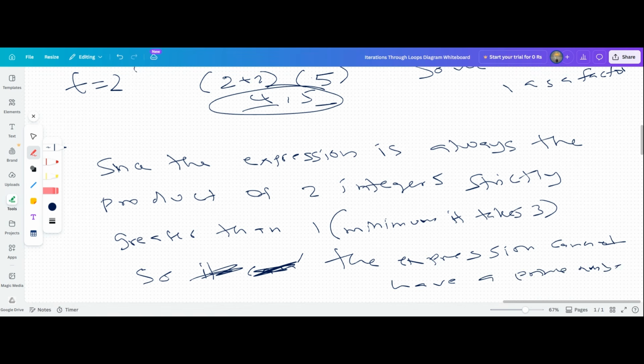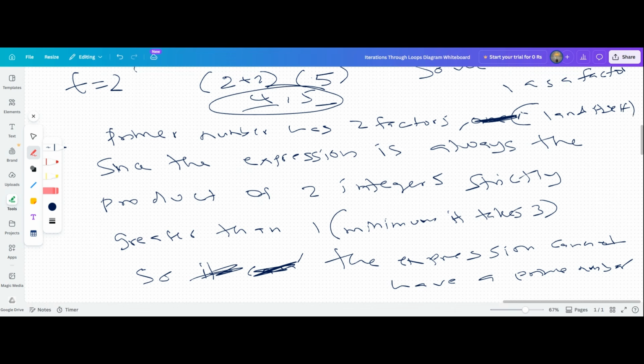Also it is better to write this: a prime number has two factors, 1 and itself. So it won't have 1, so it is not a prime number. That's it. This is how you prove it, and you need to write this as a small sentence to conclude.